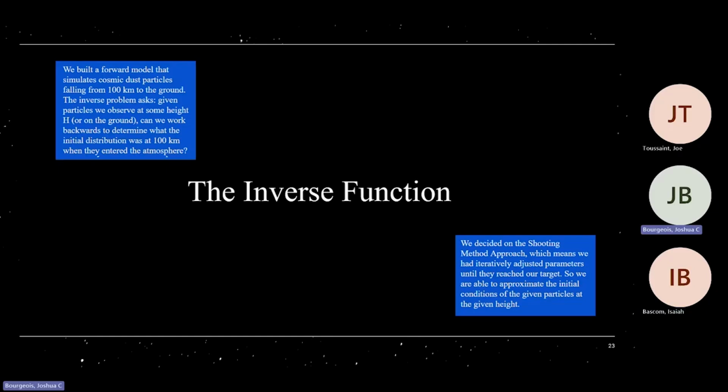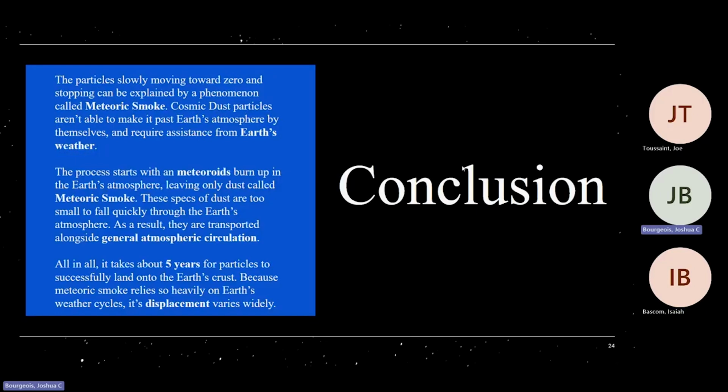So it was kind of confusing at first because the results that we got did not seem to make a lot of sense, but after some research, we learned that there was a phenomenon called meteoric smoke. And basically, what this means is that as these particles approach the atmosphere, it reaches a point through the atmosphere where it can't go down naturally fast enough, up to the point where it'll take years for it to reach the Earth because it doesn't fall fast enough.